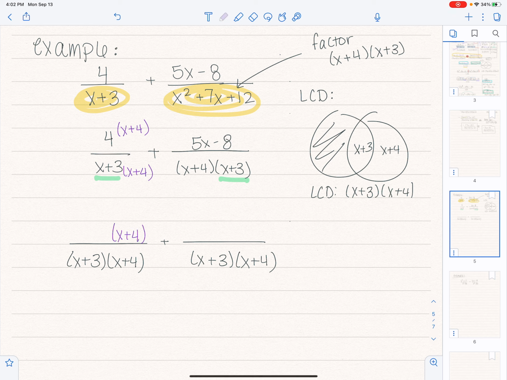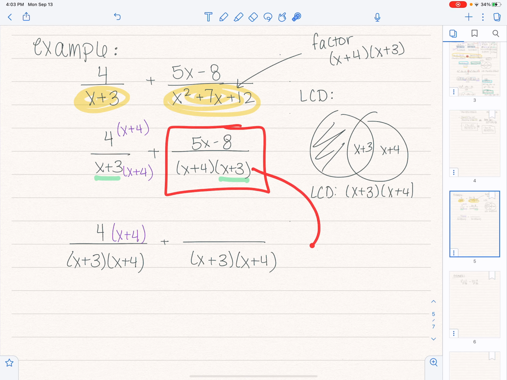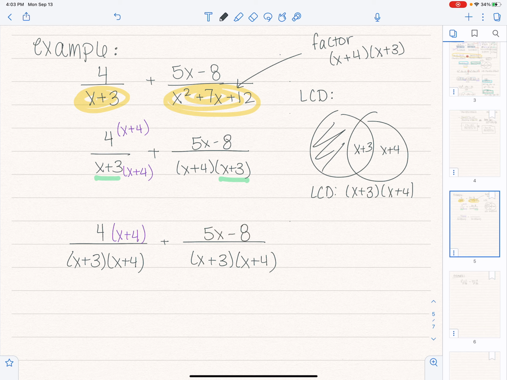Then I still have that 4 that was originally in the numerator. I'm going to do the same thing with the second one. My fraction was 5x minus 8 over x plus 4, x plus 3. What do I need to multiply to get it to match the denominator of x plus 3, x plus 4? Well, nothing. The denominator is already the LCD, so that one is not going to change.